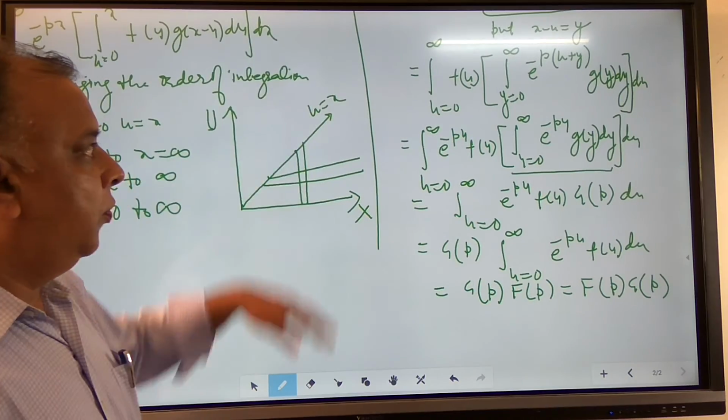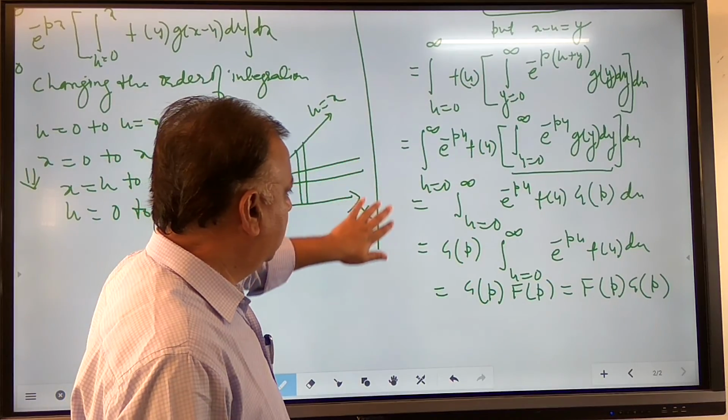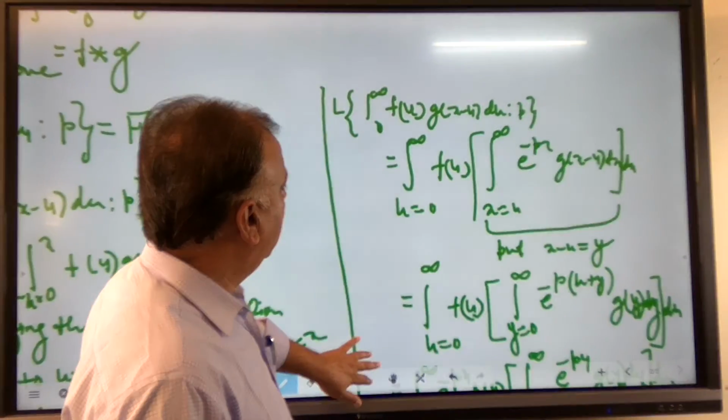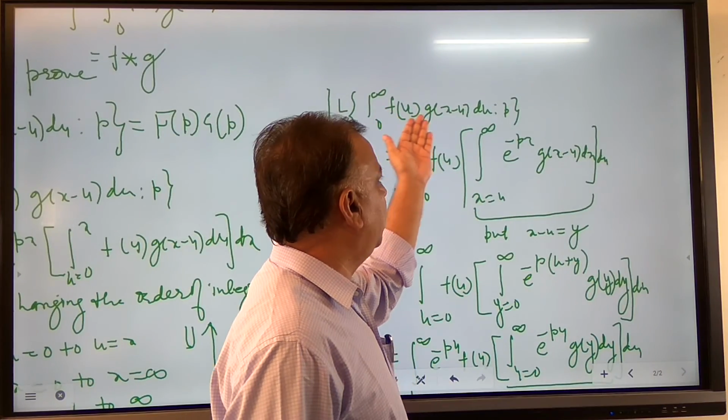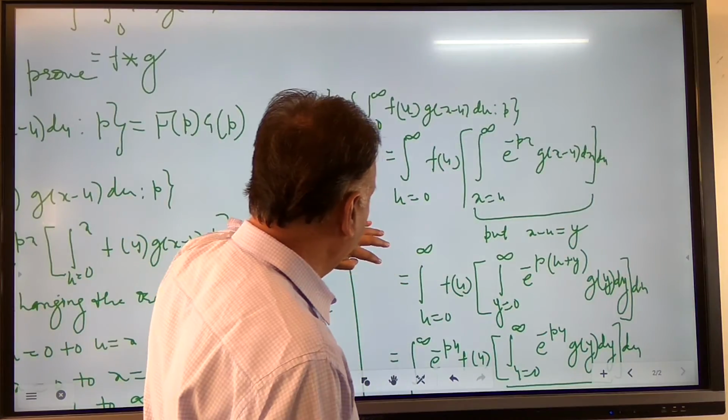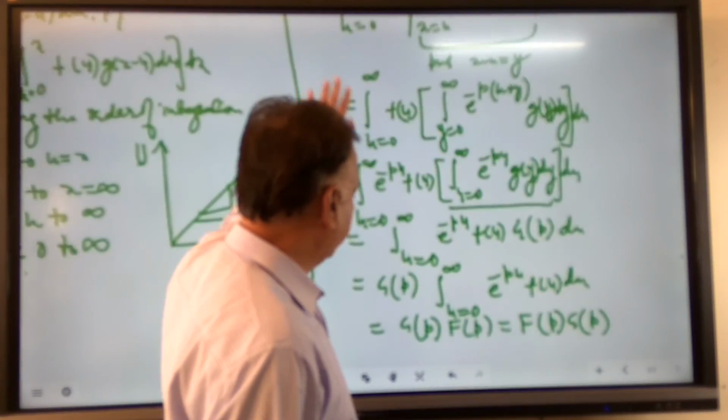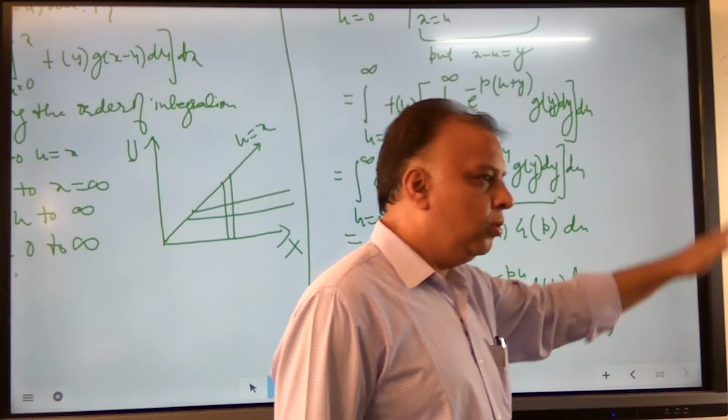So we have found that the Laplace transformation of the integral 0 to infinity f of u g of x minus u du is equal to F of p into G of p.